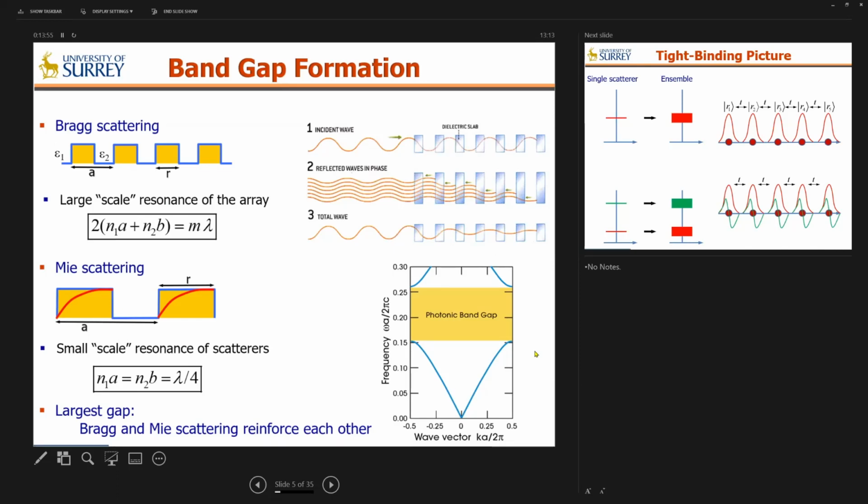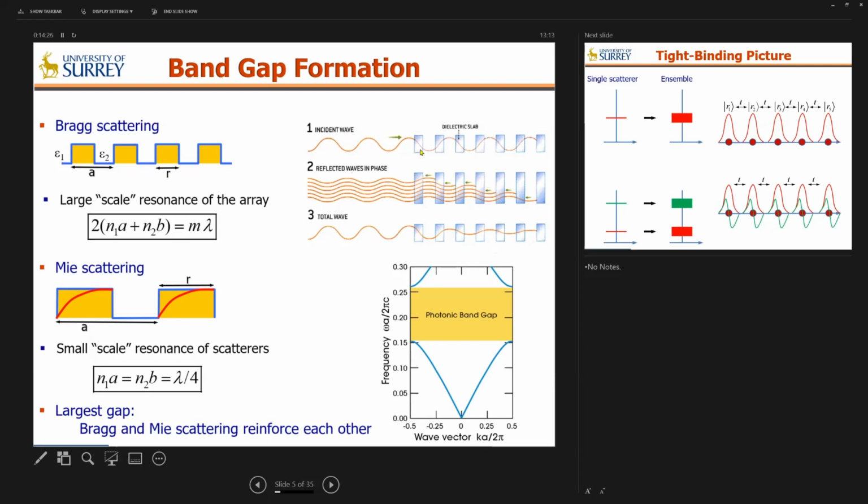So if we step back to the lectures that you've seen in the B series, at the beginning of the B series, we made an argument that in order to get a bandgap in a periodic dielectric system, and I have here an example of a one-dimensional photonic crystal, epsilon 1, epsilon 2, epsilon 1, epsilon 2, and so on, a periodic repetition of a unit cell. There we discussed a Bragg frequency, given by the following condition.